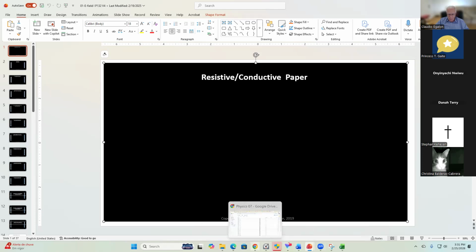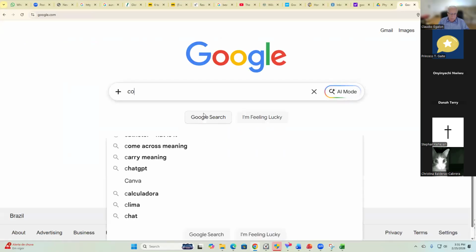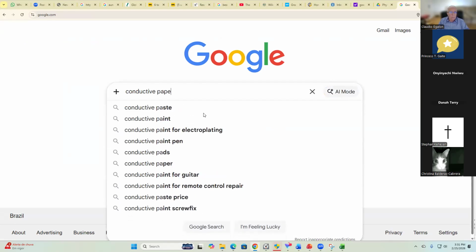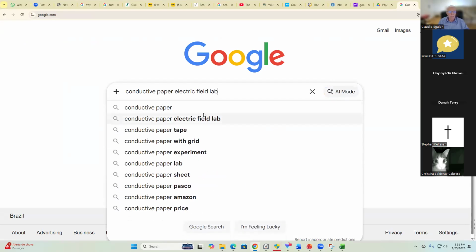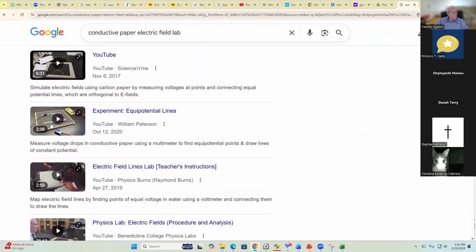Let's take a look at the internet so you become familiar with this paper. Conductive paper, electric field lab. Here you go, see the black paper right in here. Those papers are sold out there.